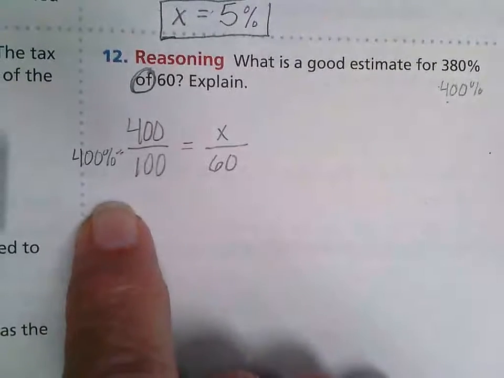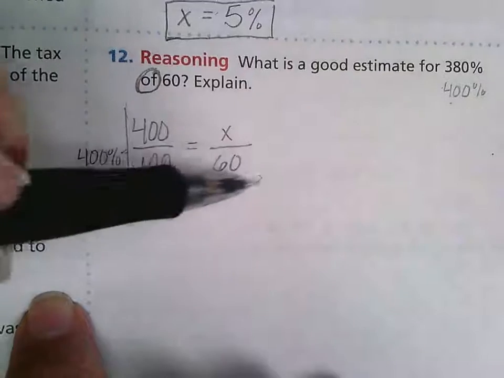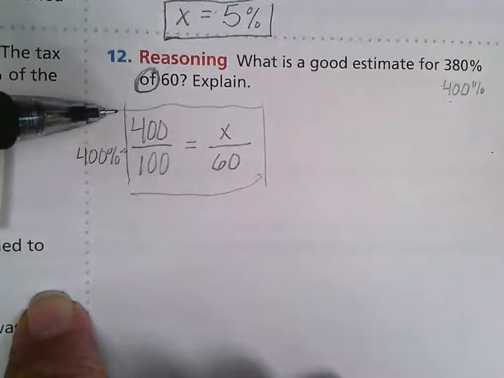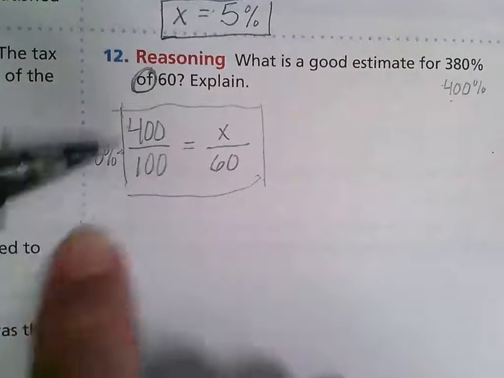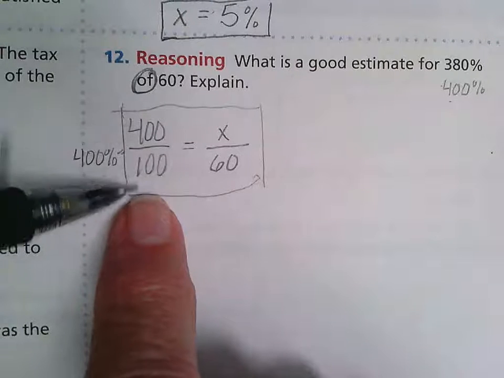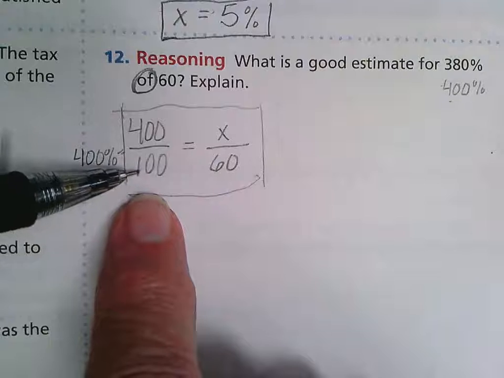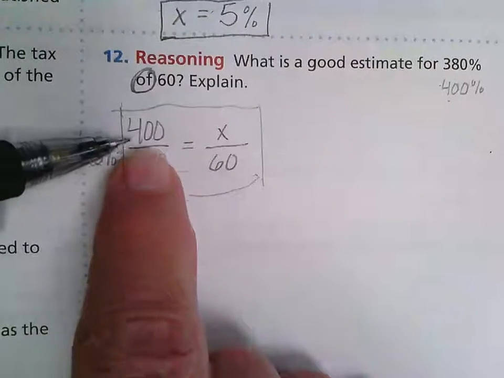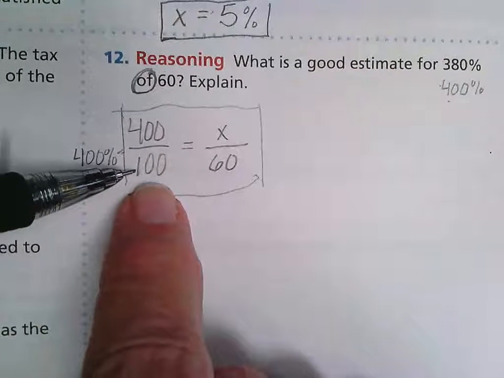So I'm going to use my good brain and I'm going to say, well, when I look at these, I can see a relationship here with these numbers. I can see that my top number is about 4 times my bottom number.